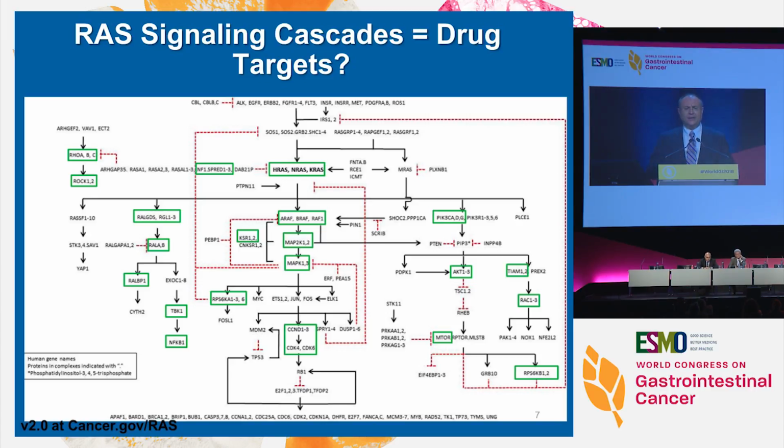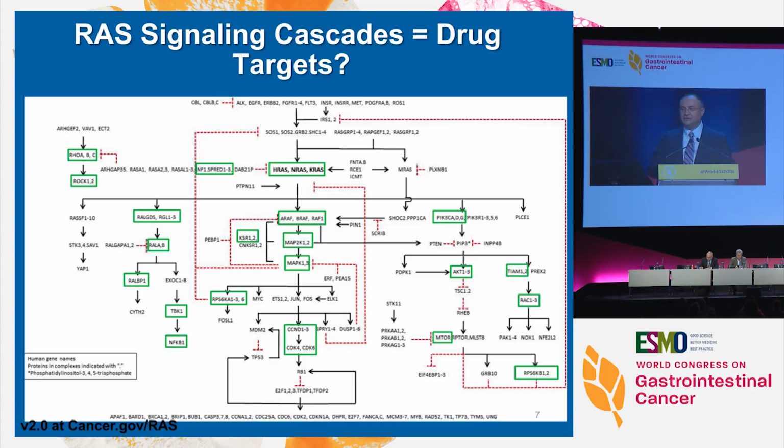That is the complexity and the redundancy of RAS signaling. That's the reason single-agent MEK inhibitors will not work, because this pathway can adapt very quickly. You see major effects. In the middle, the RAF kinases, you already know, the MAP kinase and the ERK.